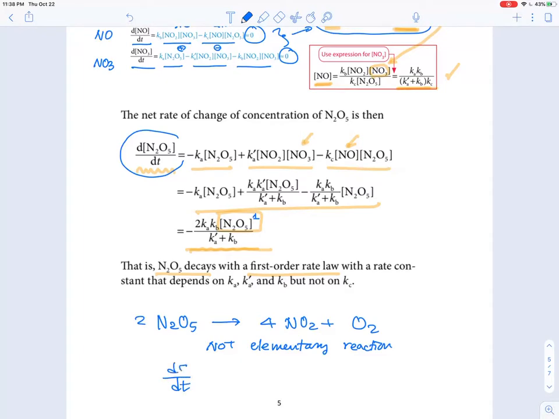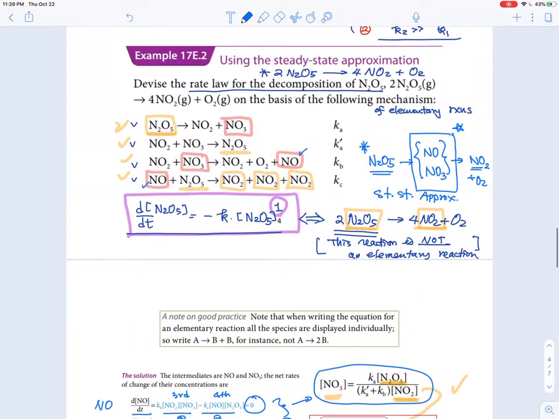The net reaction rate law is essentially minus k[N2O5] to the first power. So the first order reaction has a very complex story behind it, and that's how people found out it is essentially a series of elementary reactions that is responsible for that.